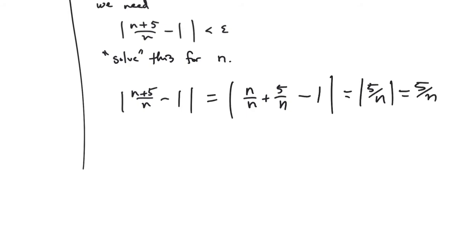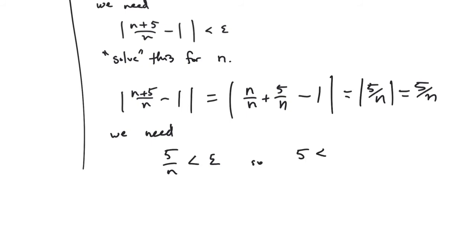All right? So lucky for us, the expression on the left side, which had an absolute value in it, you can simplify to get rid of the absolute value, which is quite helpful. Now what we need is just 5 over n less than epsilon. I can solve this for n. I would multiply both sides by n first. You have to be careful about the inequalities.